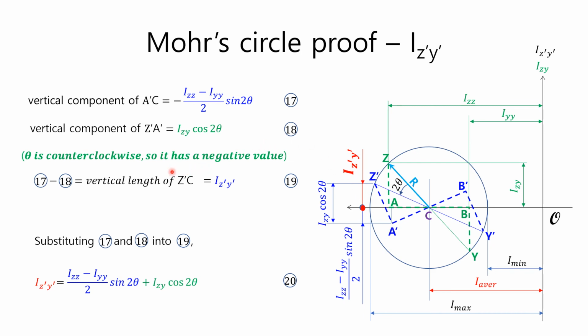Here, theta has a negative value because it is counterclockwise. So, the equation 18 has a positive value. Subtracting the equation 17 from the equation 18, the product moment of area Iz'y' can be obtained. Let's take a closer look at this.